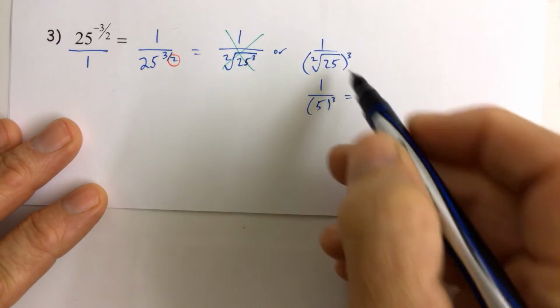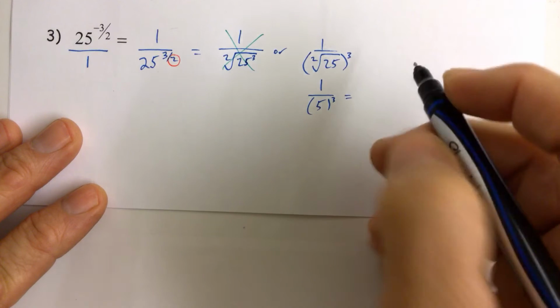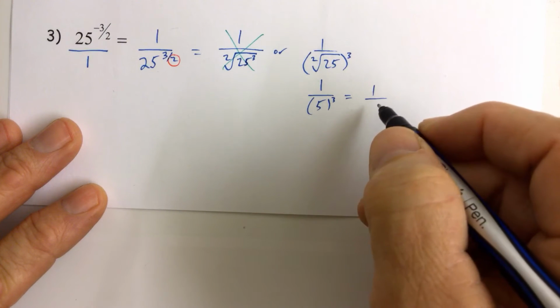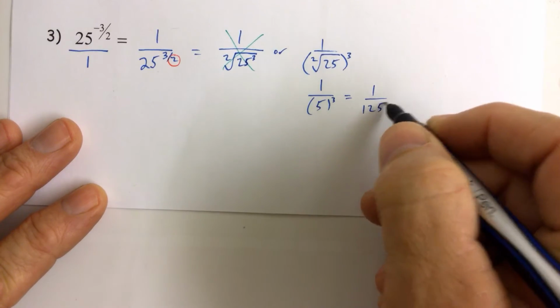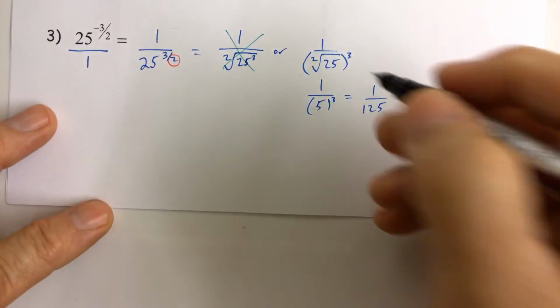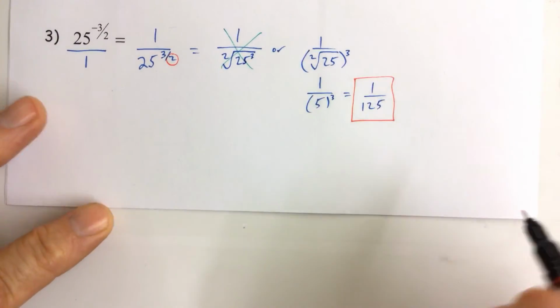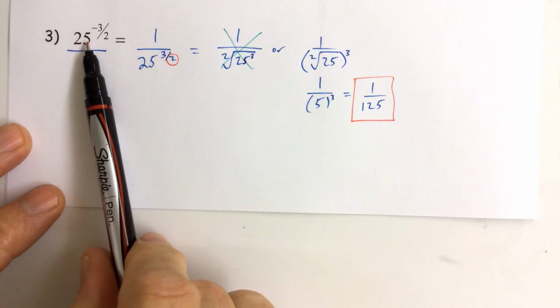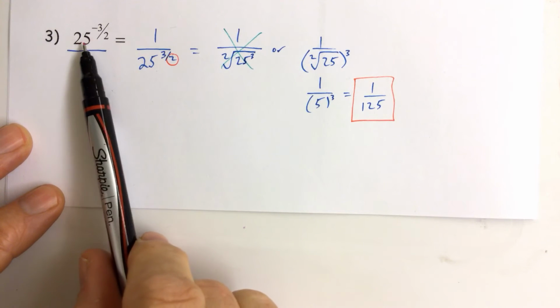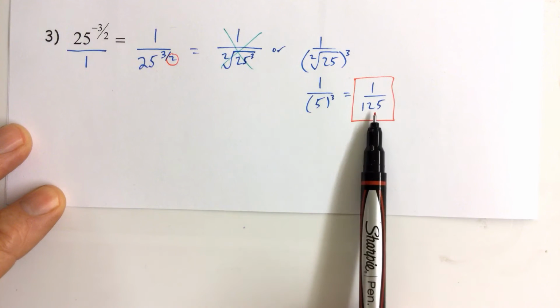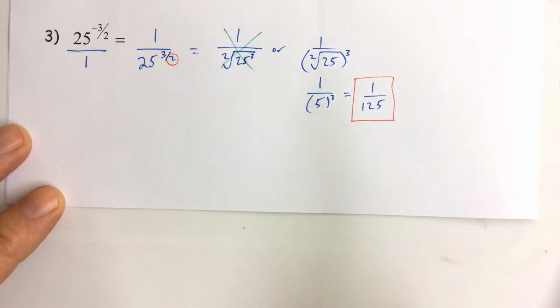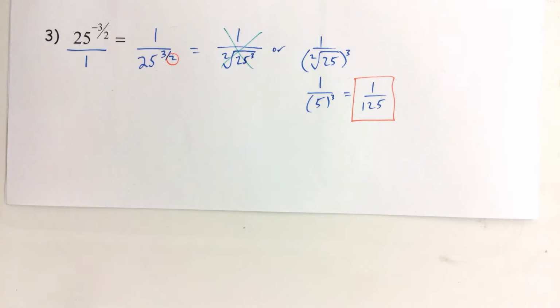And now we're just going to raise 5 to the 3rd power. 5 times 5 is 25, and 25 times 5 is 125. And we have our simplified version of that original expression, 25 to the negative 3 halves, which can be written as, and should be written as, 1 over 125. All right, let's find our next example.